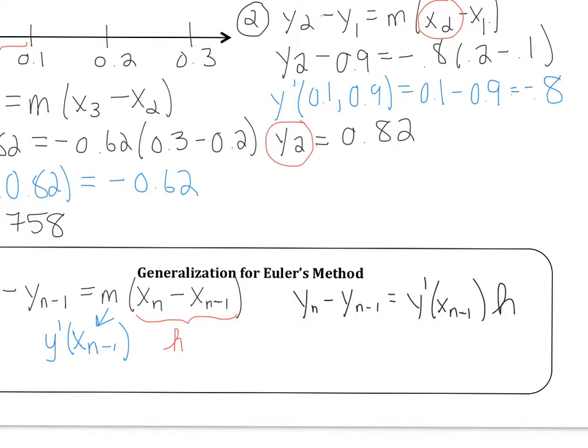Or if you want to think about it as solving for y, giving an explicit representation for your next y coordinate, you could write it like this: your next y coordinate will be given by, and then you just isolate using algebra, y prime of x sub n minus 1 times h plus y sub n minus 1.